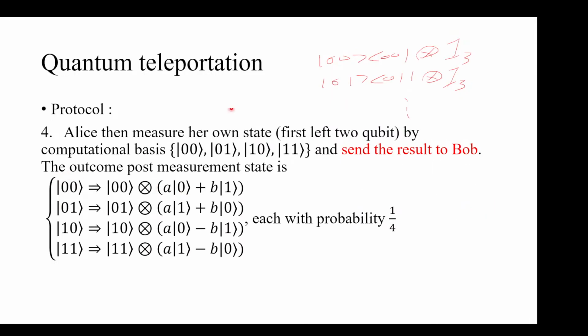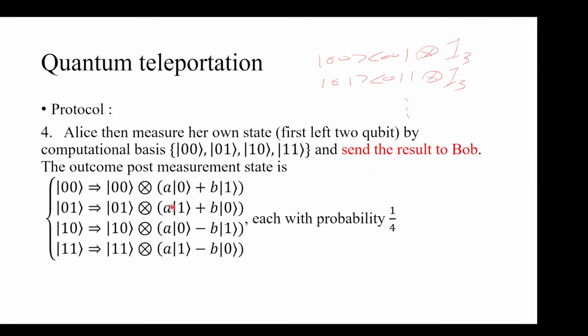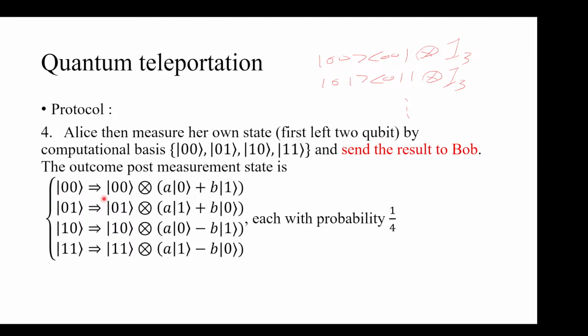So you project on 0 0, you apply this 0 0 projector tensor I3, then your post-measurement state becomes 0 0 tensor A0 plus B1. You need to normalize it with a 1 over 2, and you will find that the normalization constant is just this 1 over 2. You just get rid of this 1 over 2 and it is normalized, because this has norm 1 and we know A, B is normalized, so this A0 plus B1 is normalized.